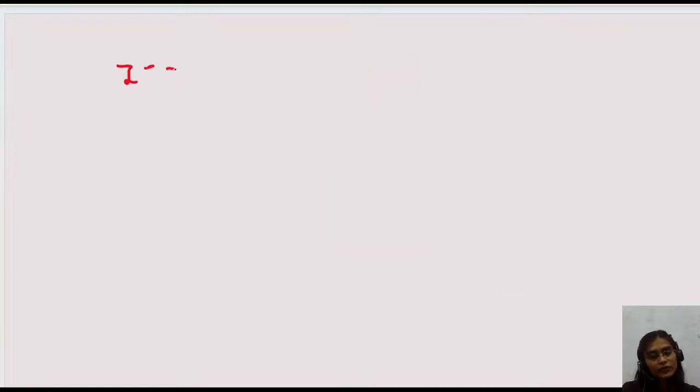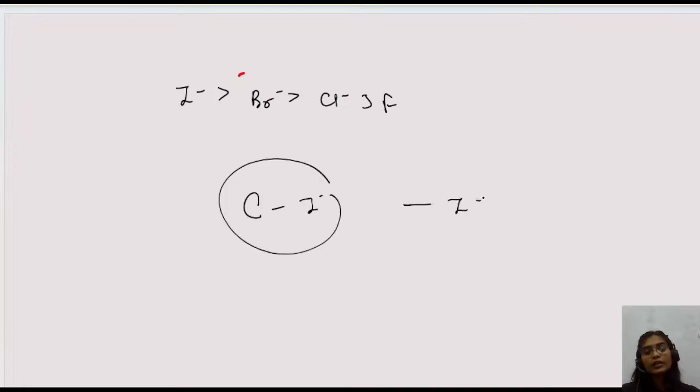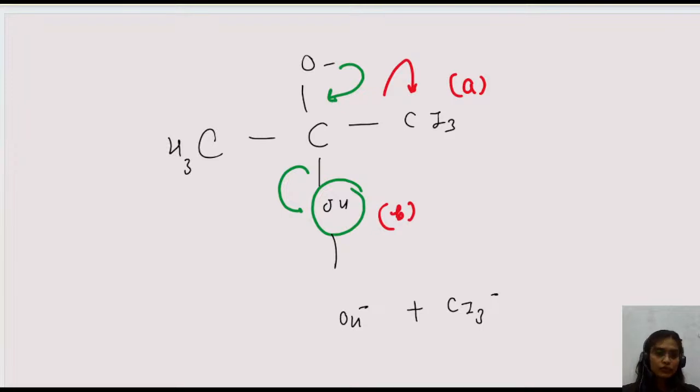I negative is a very good leaving group over bromine, over chlorine and over fluorine, right? I negative, then bromine, then chlorine, and then fluorine. What is the reason most of the time? Because the carbon iodine bond is not very strong, and iodine has a large size, so it is easy to handle that negative charge. Same here. My question for you is, between CI3 negative and OH negative, which one is more stable? Then you will get your answer. Which one is more stable here?